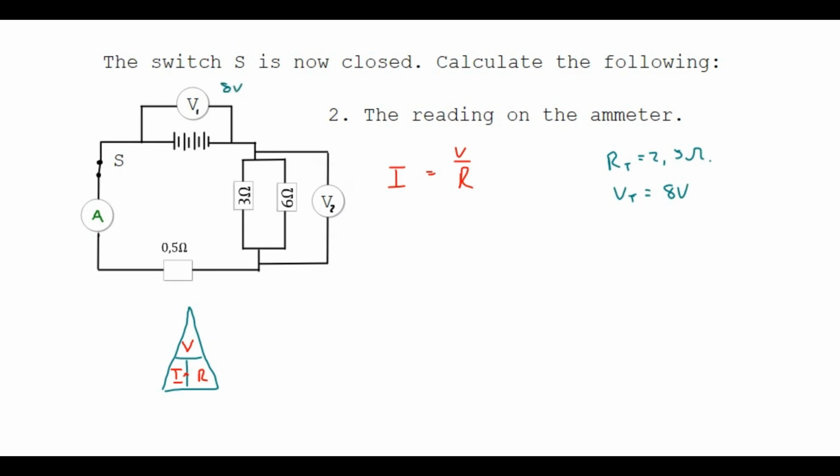The current going through here is the total current coming out of the battery, the total amount of current that can go through this wire, which is what's going through ammeter A. So we are looking for I total, which is V total divided by R total. That's 8 divided by 2.5, which, using our calculator, is 3.2 amps. Please do not forget your unit. It's so important. Alright, let's push on.